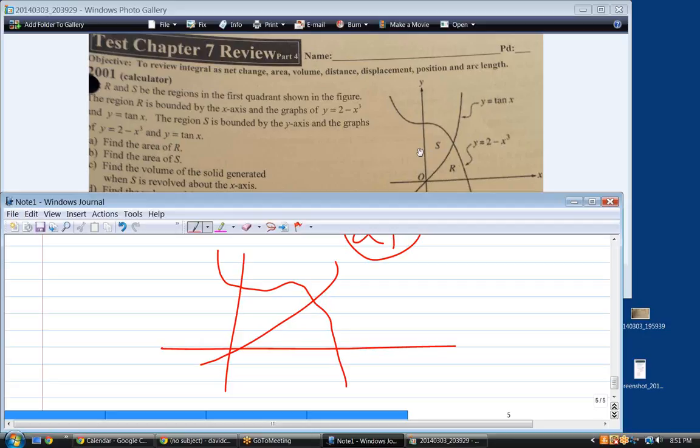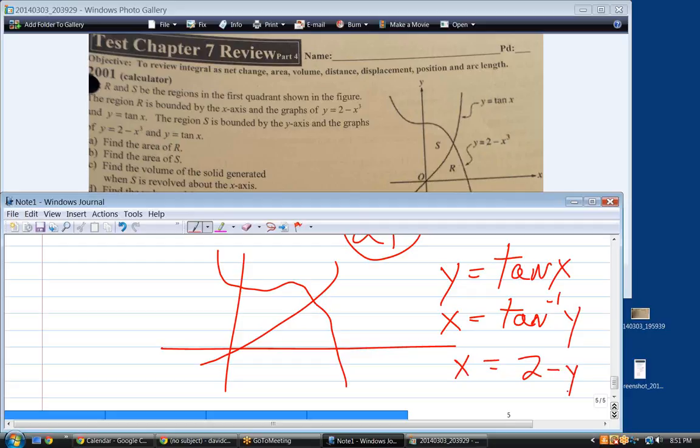Now since I'm going to integrate as a function of y, I need to change both of these functions to functions of y. Well, how do I change that into a function of y? Just take the inverse tangent. So x is equal to the inverse tangent of y. And in this other one, x is equal to the cube root of 2 minus y, that is, (2 minus y) to the 1/3.